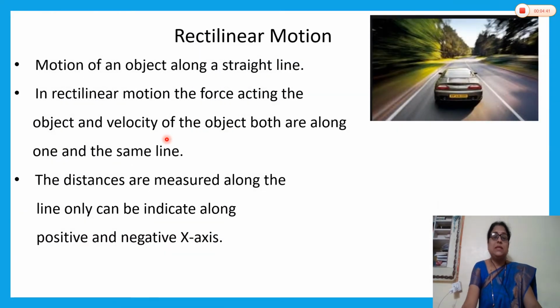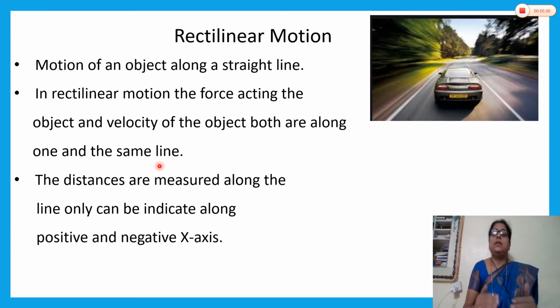Now we discuss rectilinear motion. What is rectilinear motion? Motion of an object along a straight line is called rectilinear motion. In rectilinear motion, the force acting on the object and the velocity of the object are both along one and the same line.